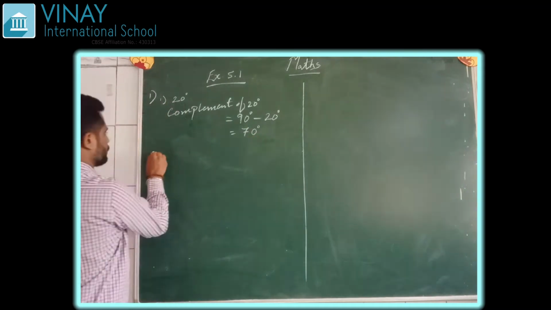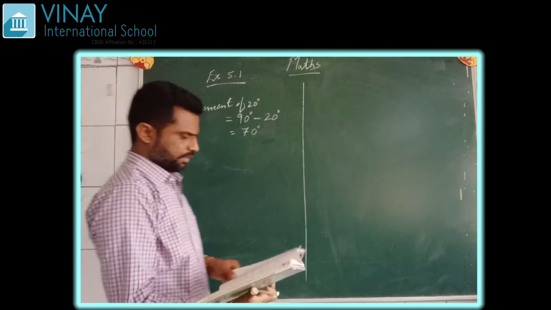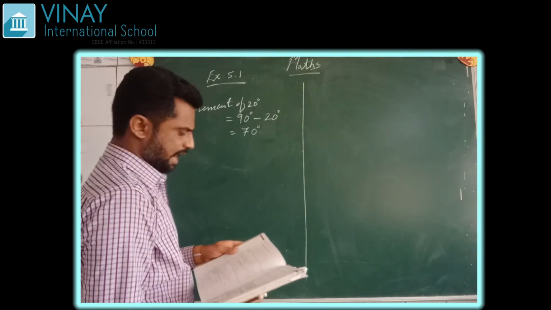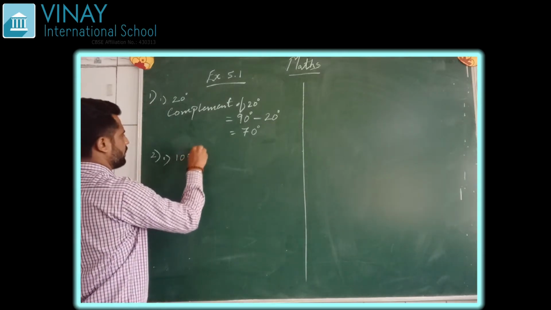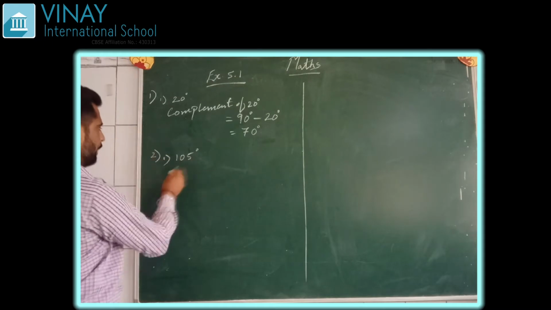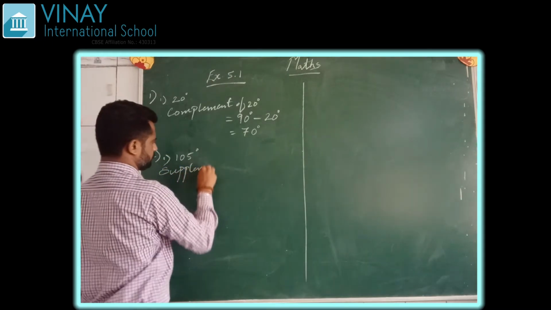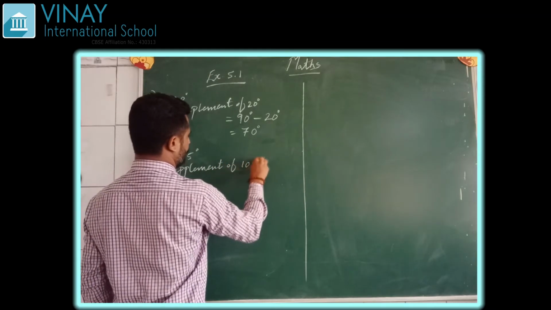Now, question number 2 is find the supplement of each of the following angles, and in that first one is 105 degree. Now we have to find out the supplement of 105 degree.